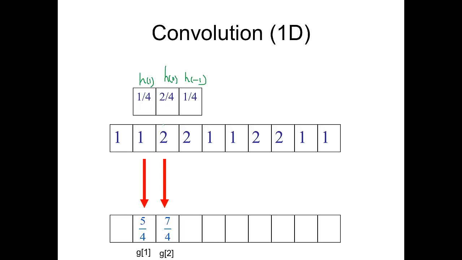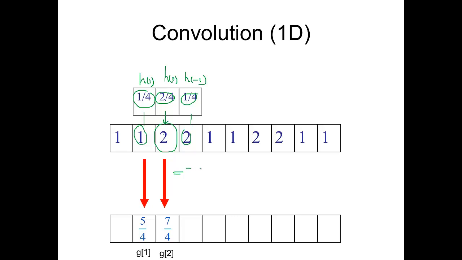Then this is f2. h0 needs to point to f2. This is f3. This is f1. Then you multiply this one with this one, then multiply this one with this one, multiply this one and this one, then add the products together.